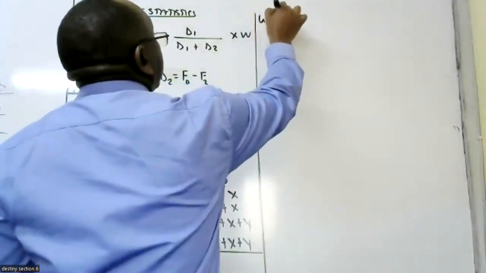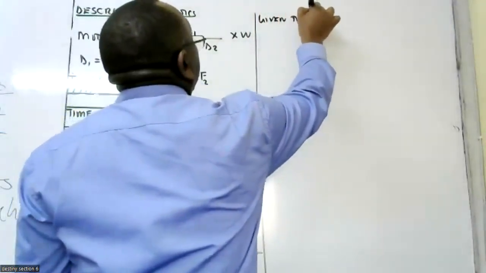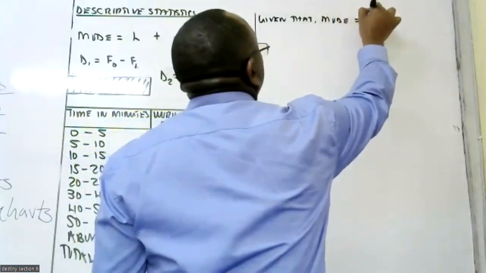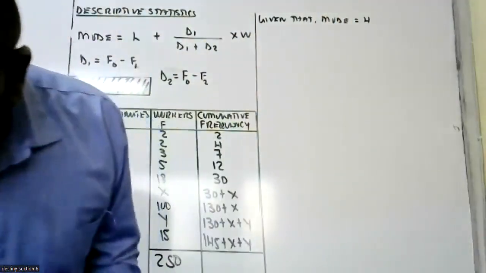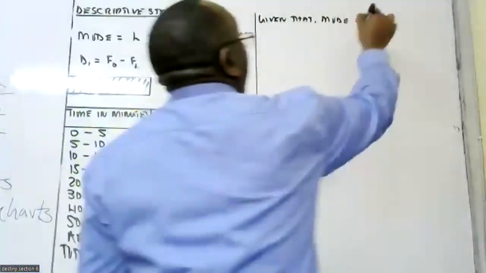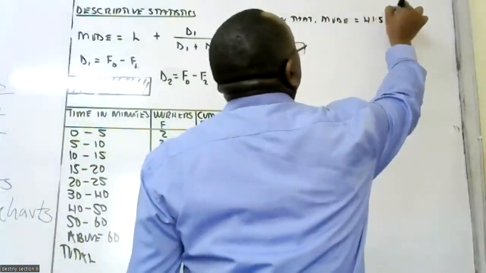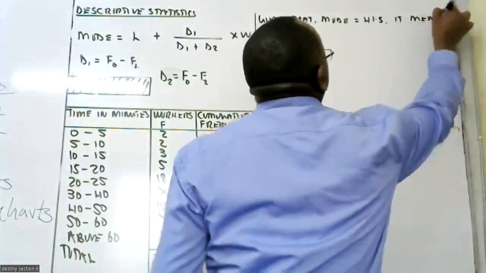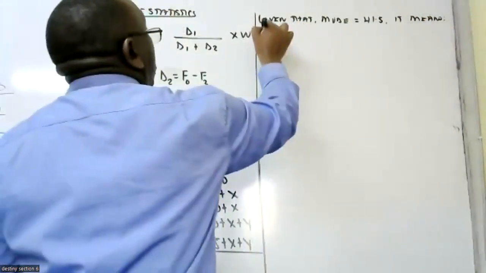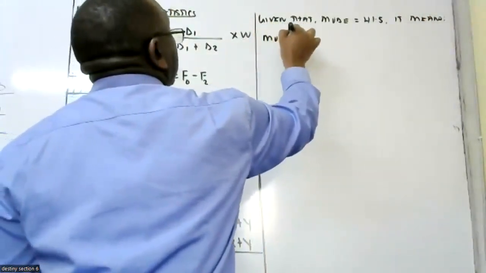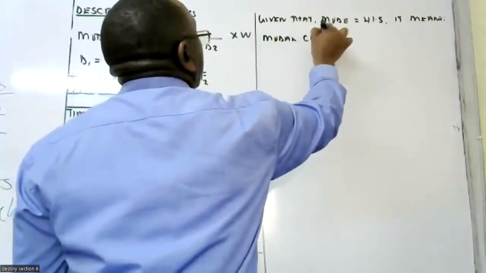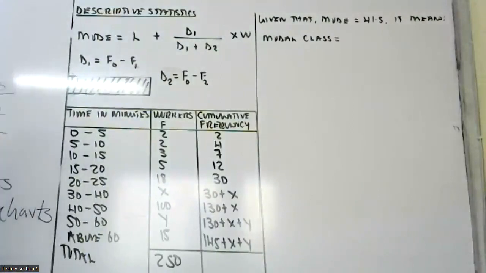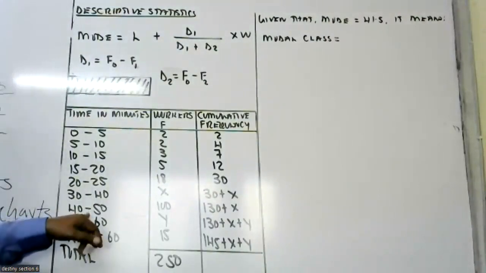Given that the mode is equal to 41.5, it means the modal class is where that 41.5 is, between 40 and 50.